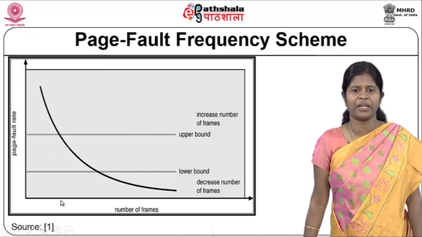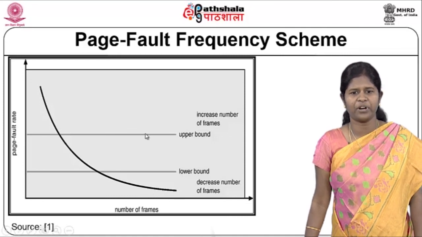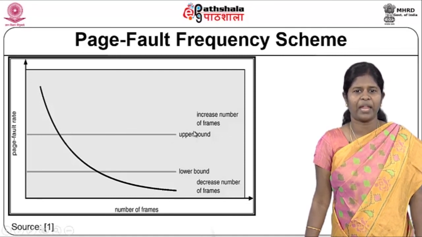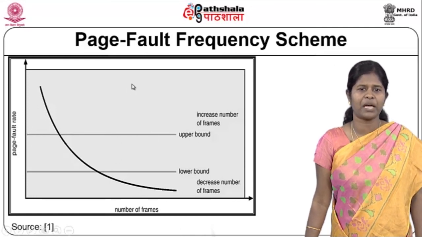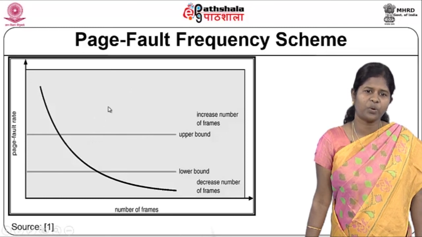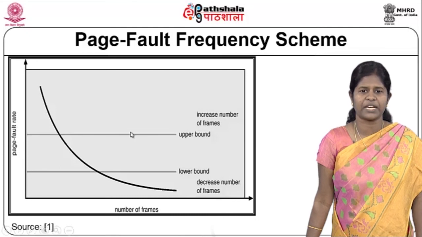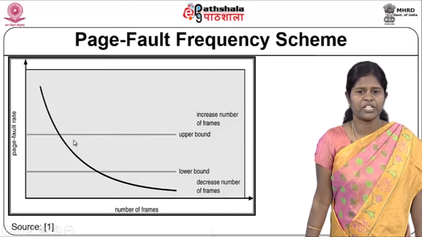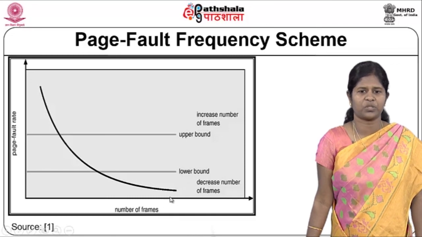If the number of frames is increased for a process, the page fault rate decreases, and you have two thresholds, an upper threshold and a lower threshold. If the page fault rate goes above the upper threshold, then it is too many page faults for the process, and you increase the number of frames allocated to that process. If the page fault rate goes below the lower threshold, then more frames than needed are allocated to the process, and you decrease the number of frames allocated.